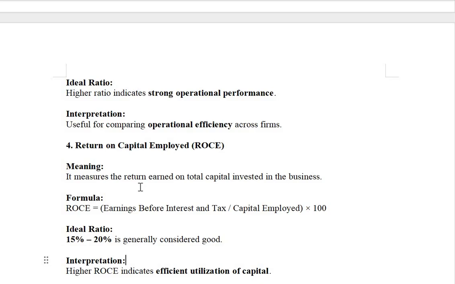The ideal ratio for return on capital employed lies between 15% and 20%, which is generally considered good. If it is less than that, the return on capital employed is not good. If it's more than 20%, it is always good. So the higher the return on capital employed, the more efficient the utilization of investment.